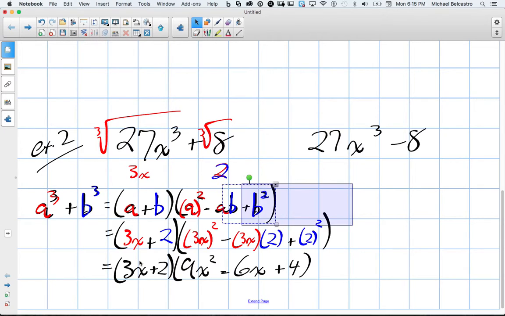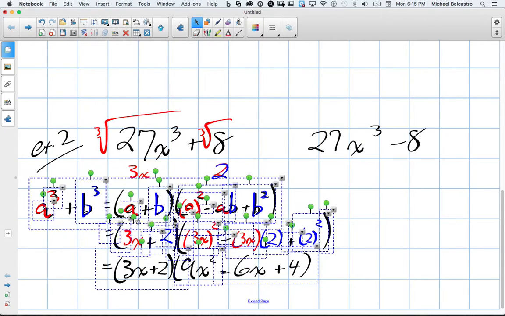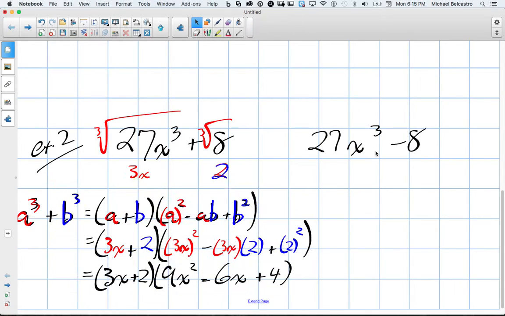Okay. I'm going to move it over a little. I know you can't do this on paper. Give myself room over here. Now in this one, the only difference is this is a difference of cubes. So I'm going to write the difference of cubes rule, and we're going to probably just jump right to the end since you've already gone through this process here.